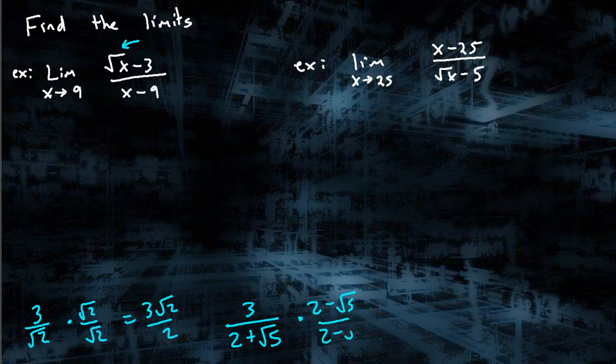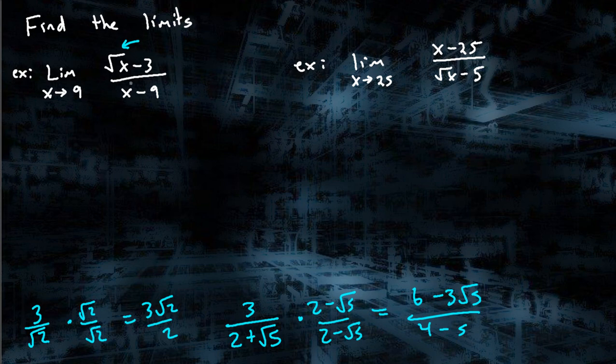And when we multiplied by the conjugate, we were able to rationalize and get our denominator to not have a radical. I'm not going to finish simplifying that. You already know that stuff.